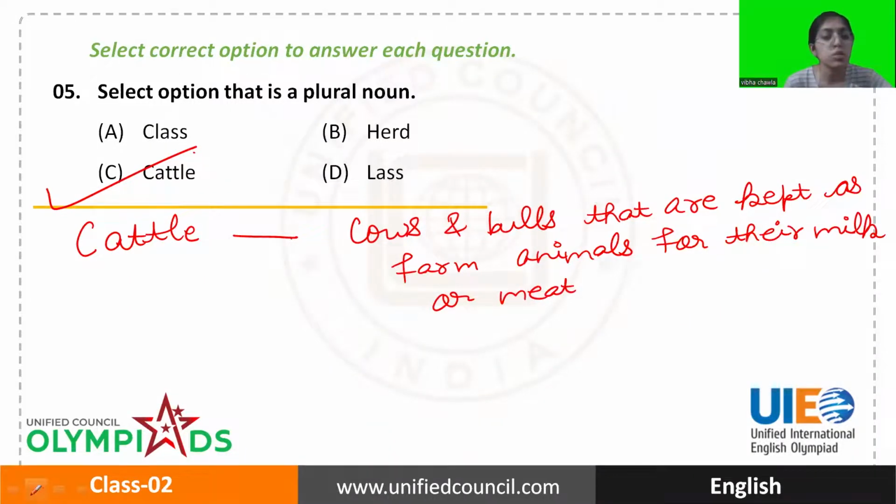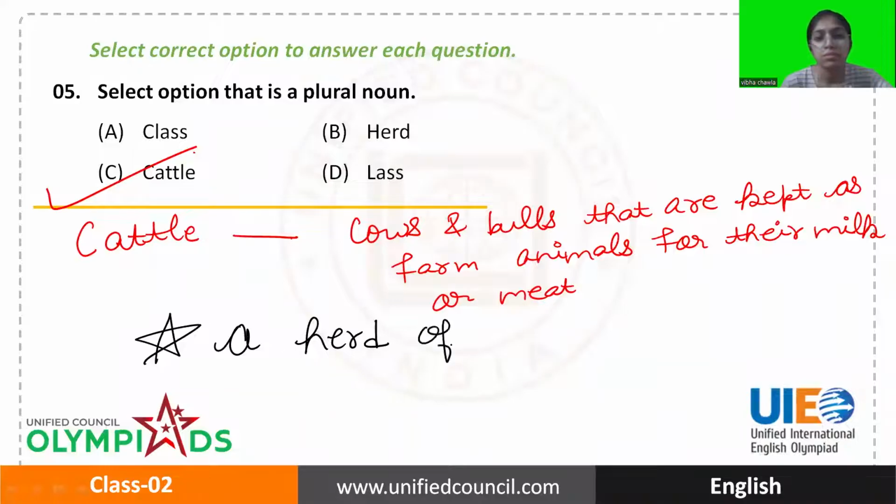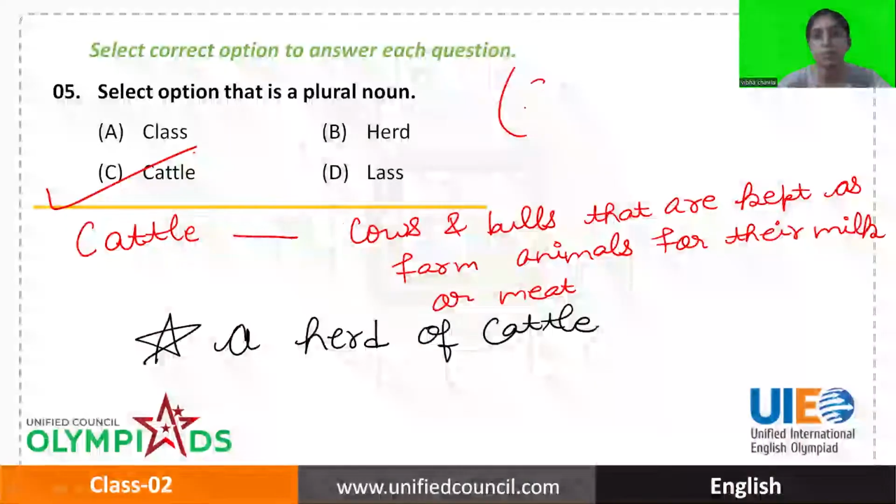For instance, we say a herd of cattle. So cattle is a plural noun. It refers to cows, bulls that are kept as farm animals, usually for their milk, for their meat, right? It is option C.